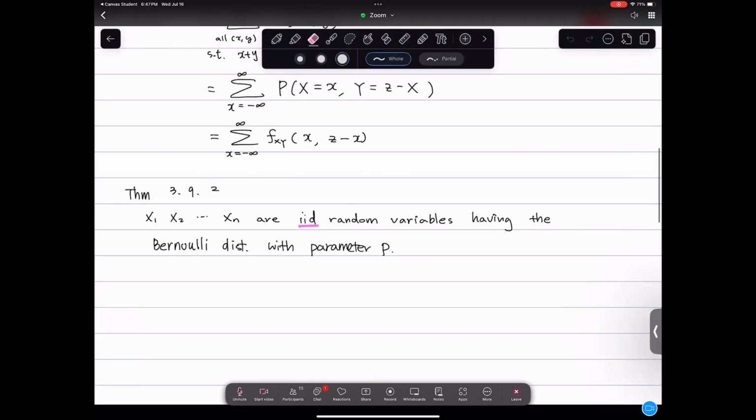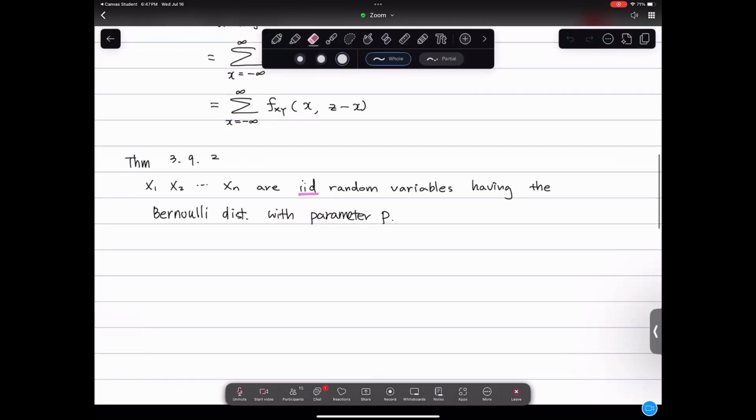So now, what does that mean? If that's the case, let Y be the sum of these n random variables, X1 plus X2 plus X3 and so on up to Xn.